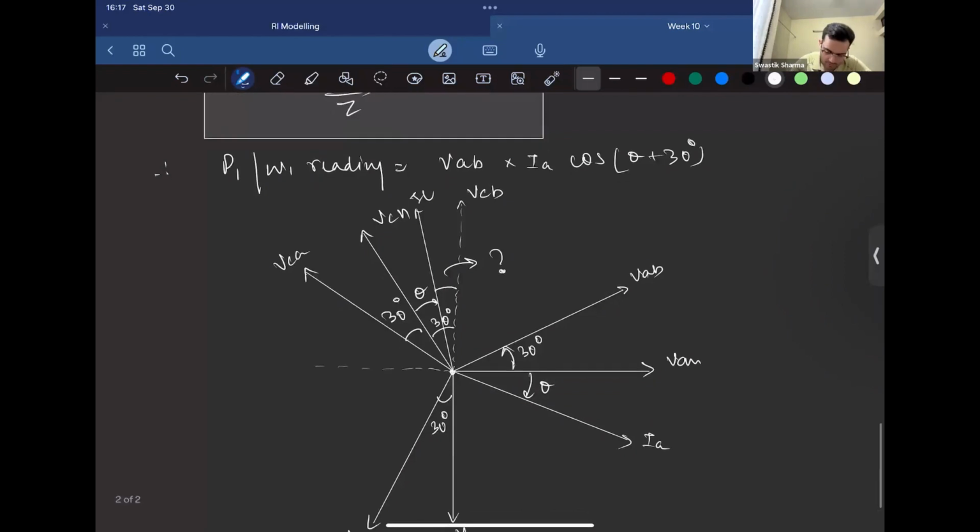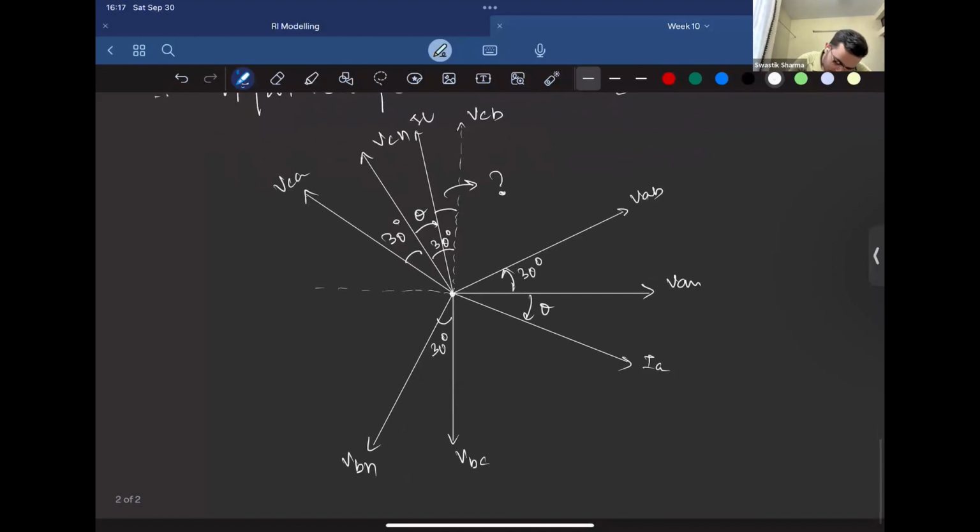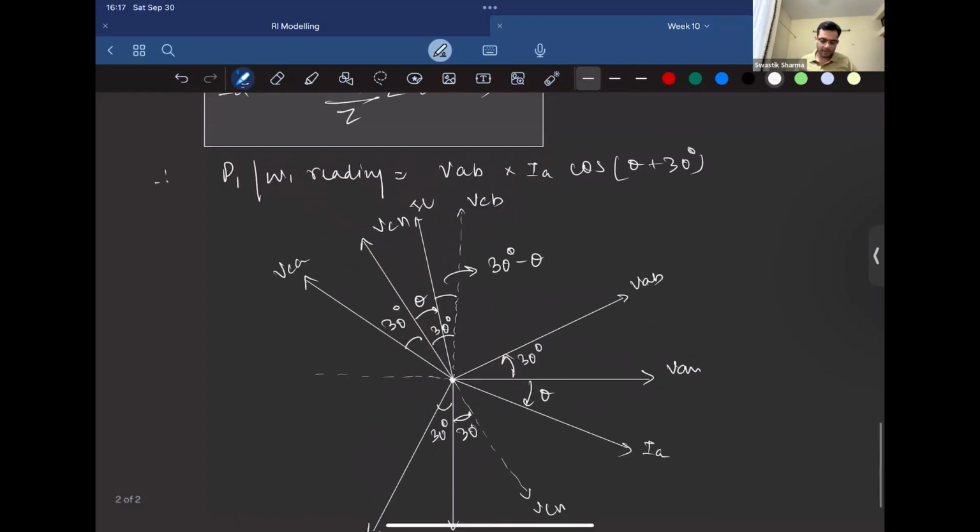You can ask doubts if you don't understand. So if VCN and I superimpose over here, this is 30 degrees. So this angle has to be 30 degrees as well, right? Because in between those two quantities, what would be the difference? 30 degrees. So that means the phase angle difference between VCB and IC is 30 minus theta, right?